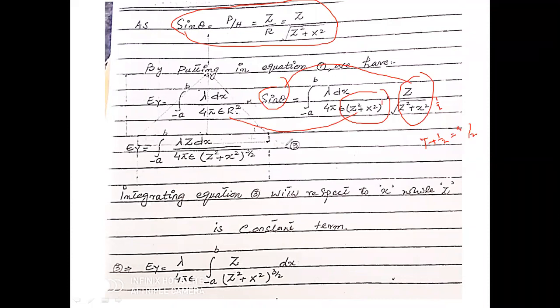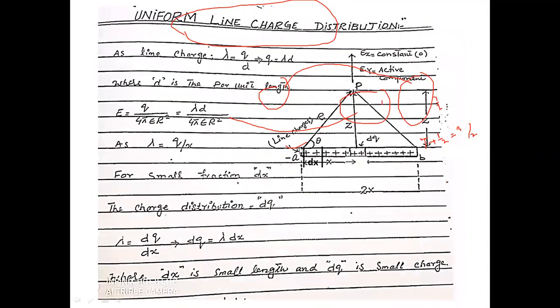Integrating equation number 3 with respect to x, where z is a constant term. z is actually the height. This is the constant term, and x is varying. If you have a look over here, this z is constant while we are varying this x value.